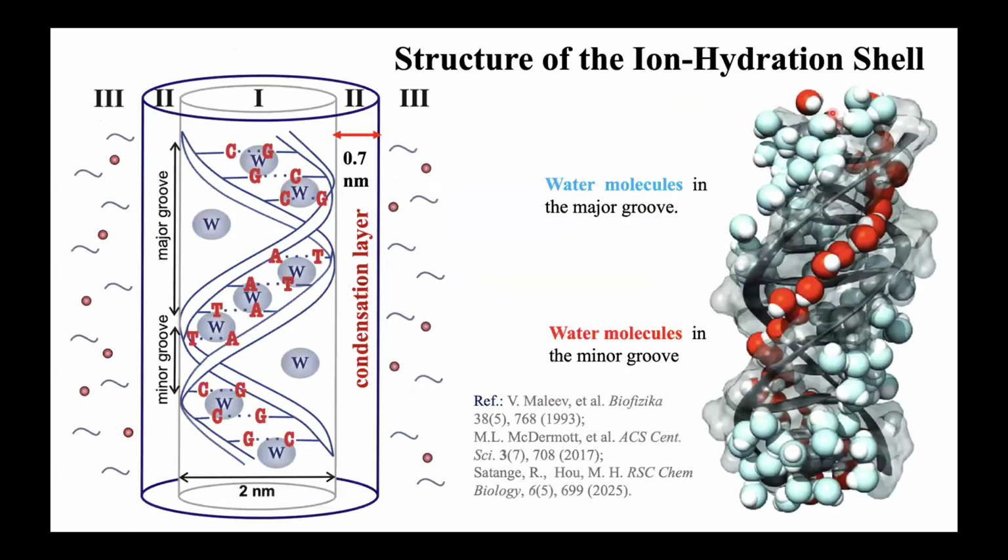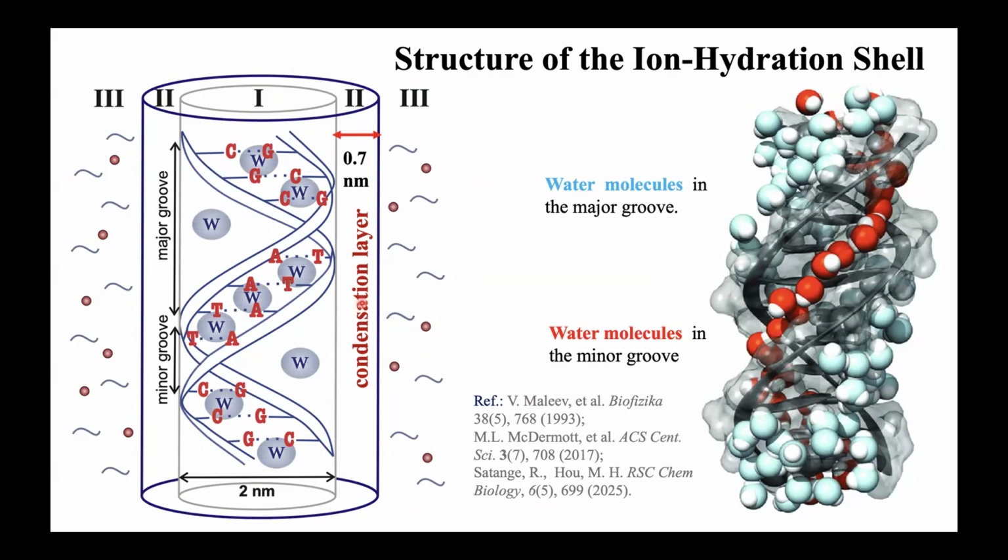So DNA interacts strongly with the surrounding water molecules and ions and forms around itself the ion hydration shell, which extends over 80 angstroms from the DNA surface. This shell can be roughly divided into three layers, where the outermost shell behaves more like bulk water.